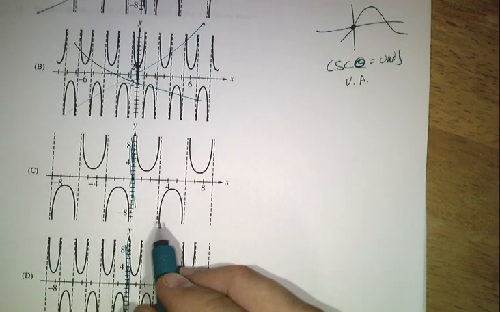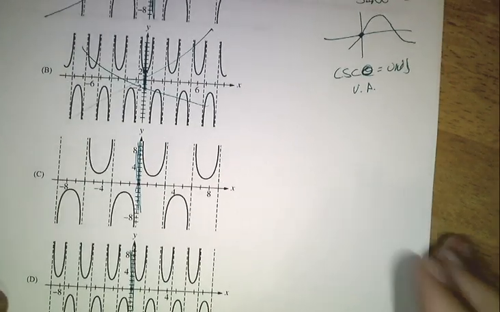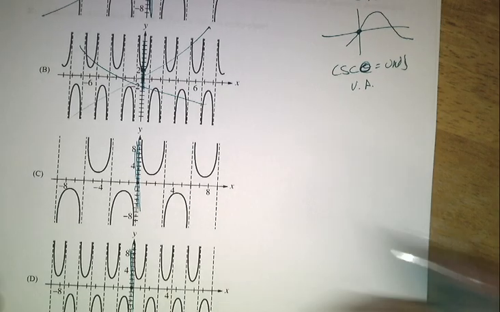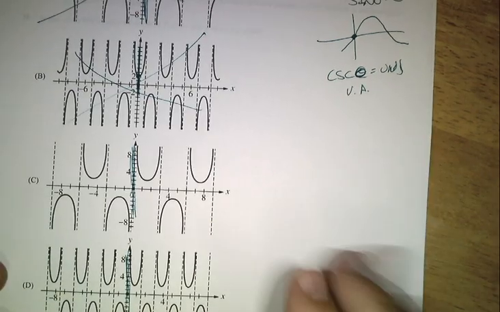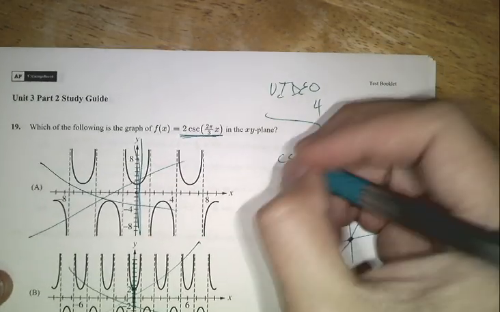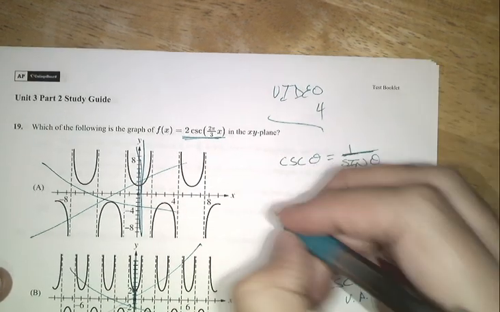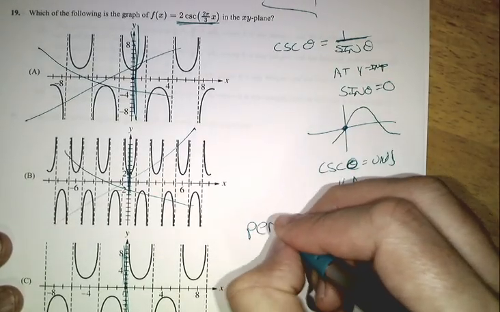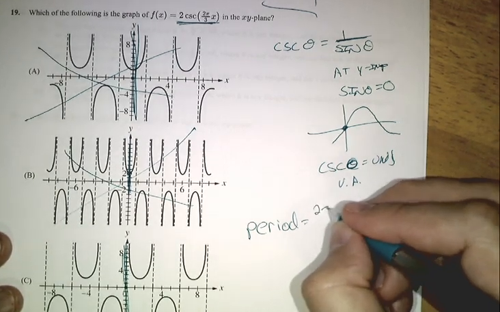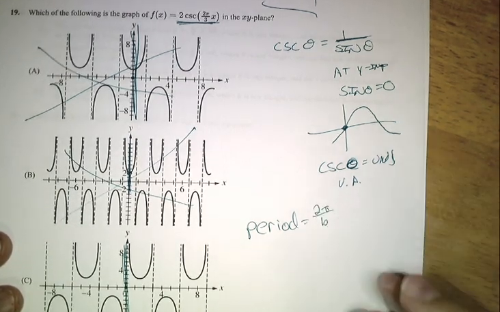Now the other thing we have to check is the period. These are still periodic functions. The period is still 2 pi over b. So to find the period, it is equal to 2 pi divided by b.